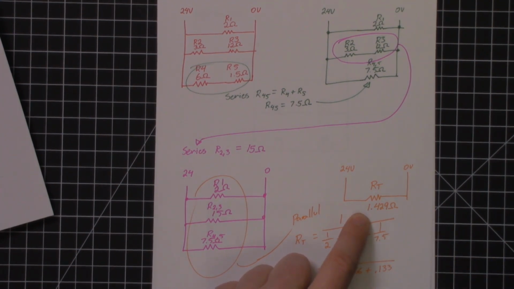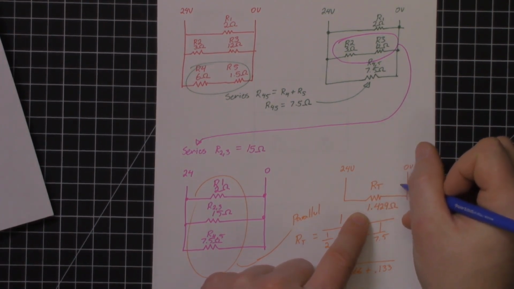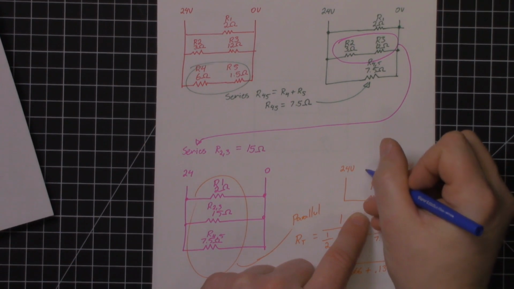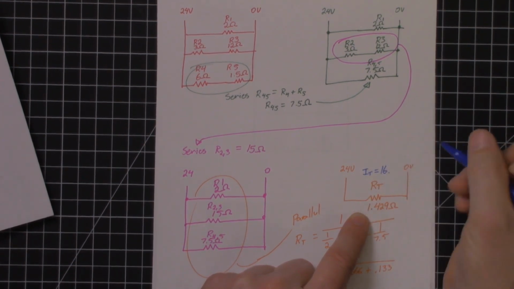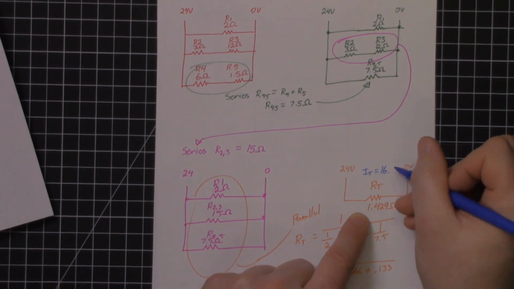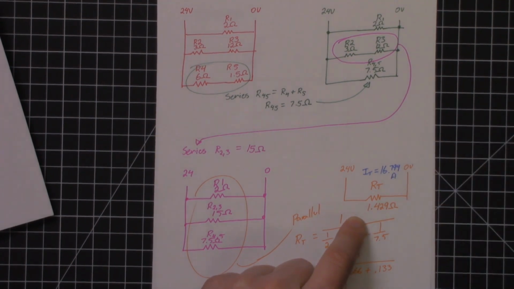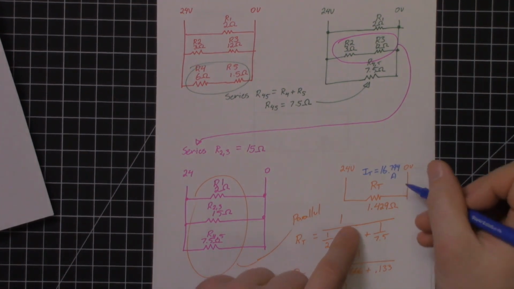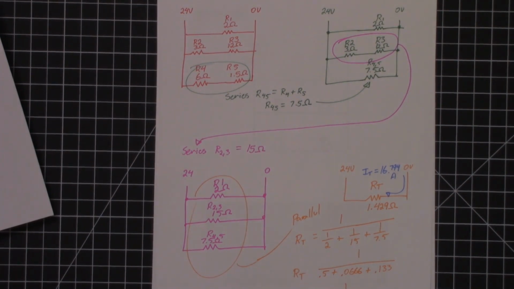Current is voltage divided by resistance, so 24 divided by 1.429. The current flowing in this circuit, the IT, is equal to 16.794 amps. So I could probably round that up to like 16.8 amps. That's the total current traveling through the circuit.